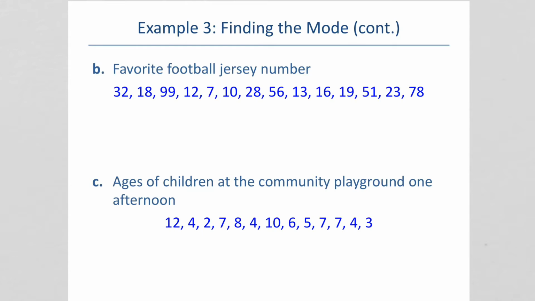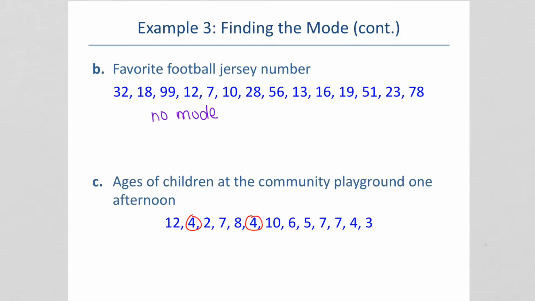For the favorite football jersey number, we have that there are no values that are repeated at all. So there's actually no mode. Ages of children at the community playground one afternoon. Let's see.